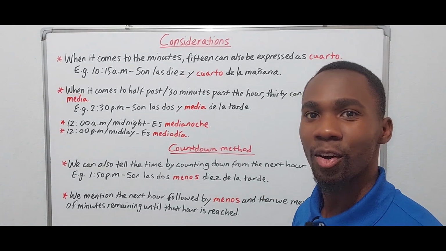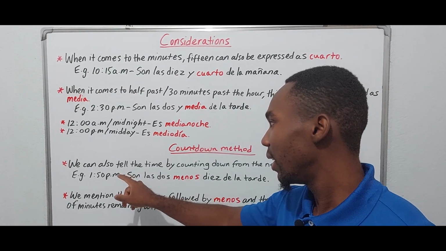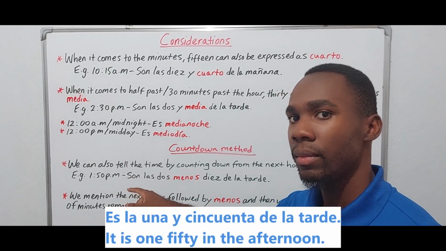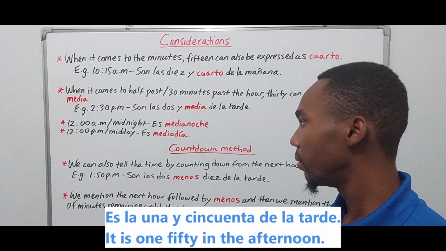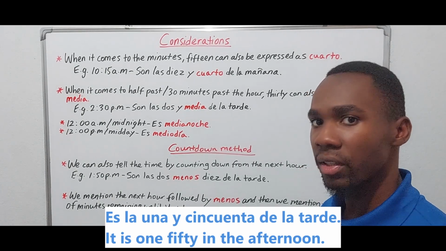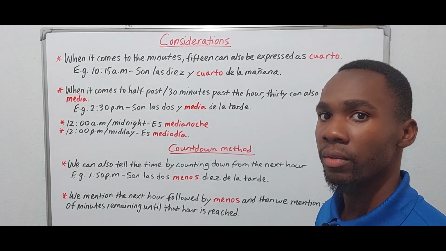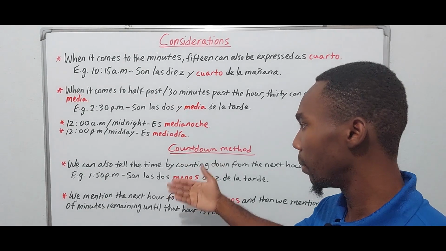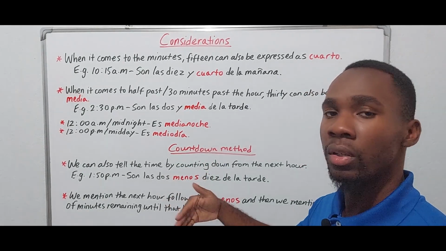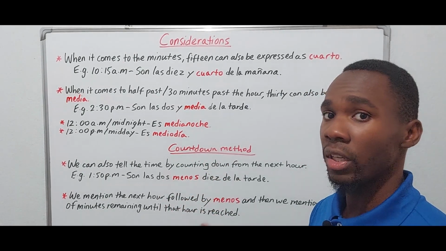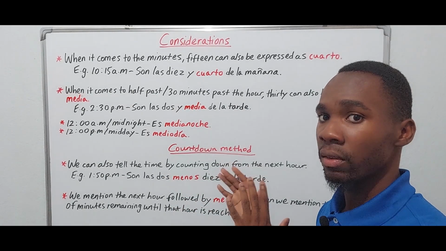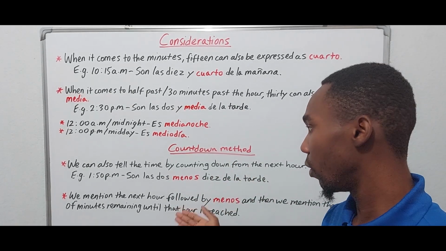But I could also say es la 1:50 de la tarde. Perfectly fine, no problems, right? But this is just another method that you can use to tell the time. You can count down from the next hour. And this is how we would do it.